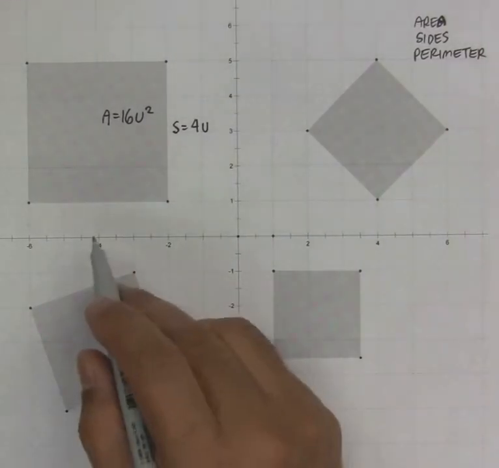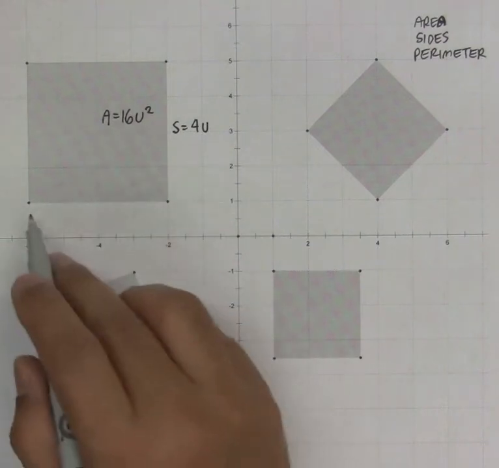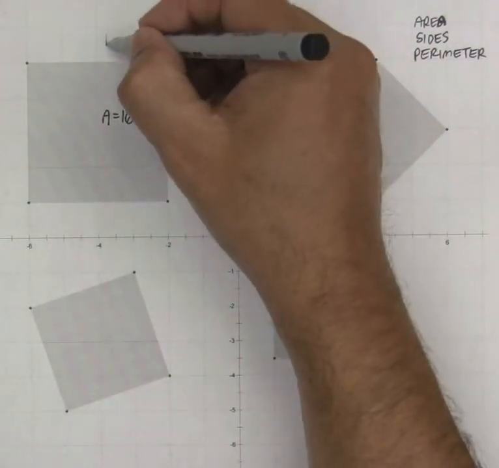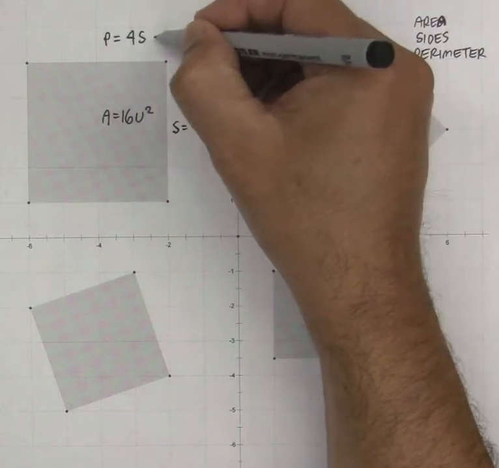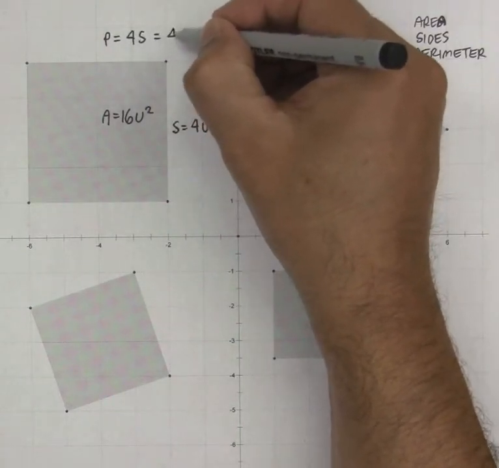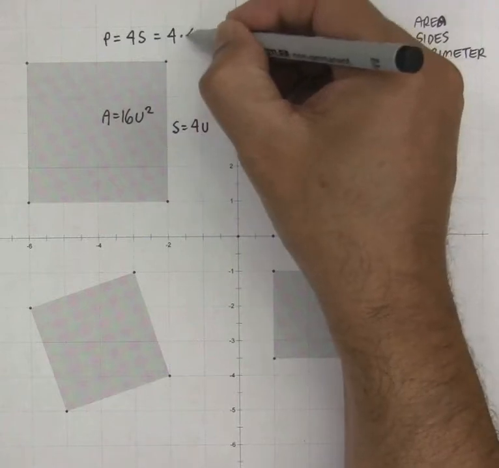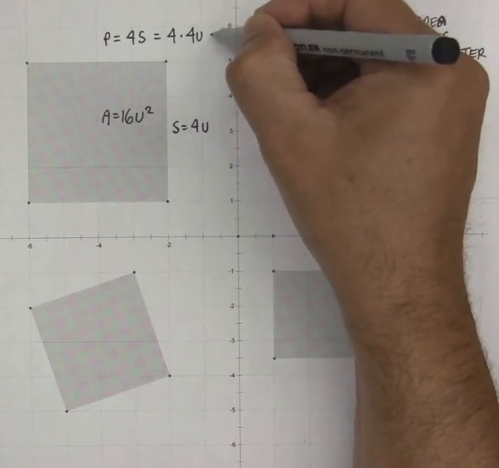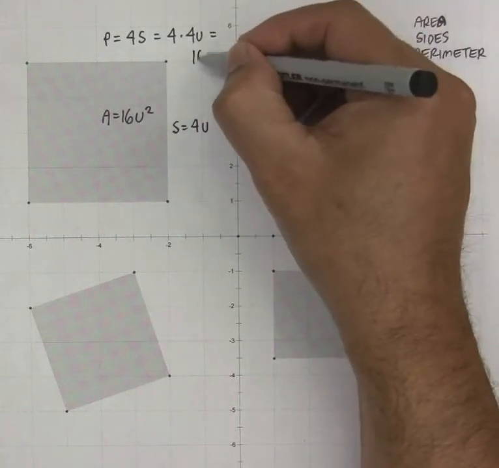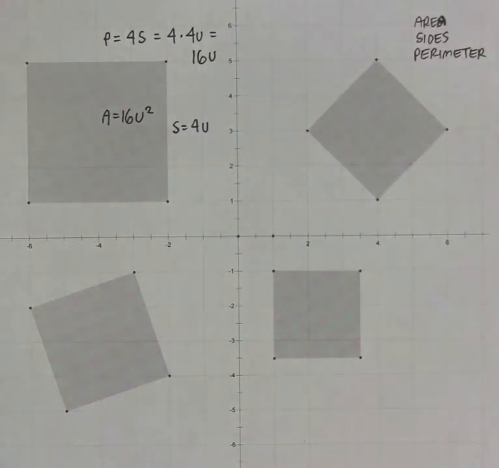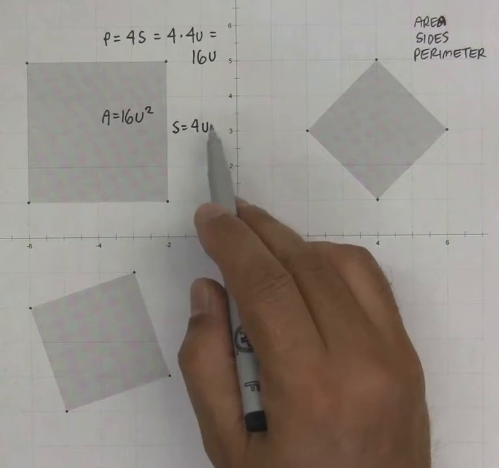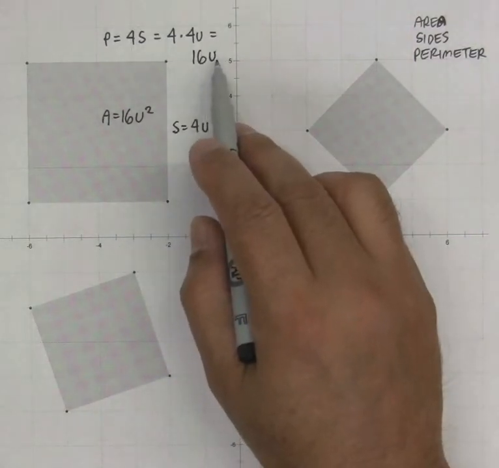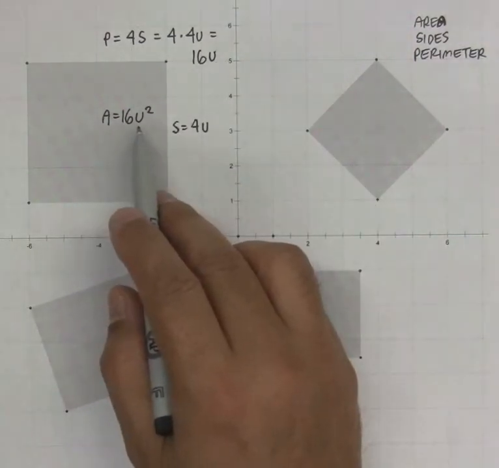And we can also get from that the perimeter of this square is going to be 4 times the size of the side, which is 4 times 4 units, which will give us 16 units. So the sides are 4 units, the perimeter is 16 units, and the area is 16 units squared.